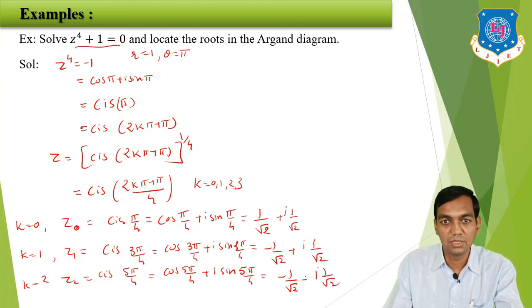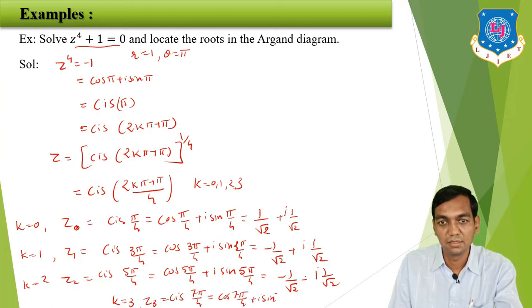And the last one, k is equal to 3. So you will get Z3 is equal to cis 7 pi by 4. So cos 7 pi by 4 plus i sin 7 pi by 4.